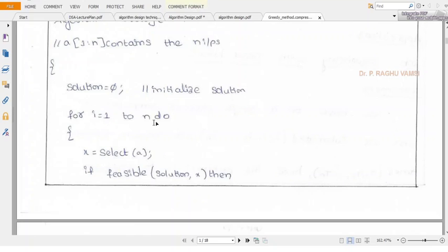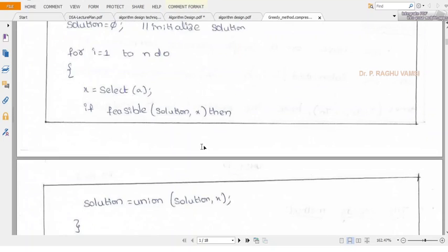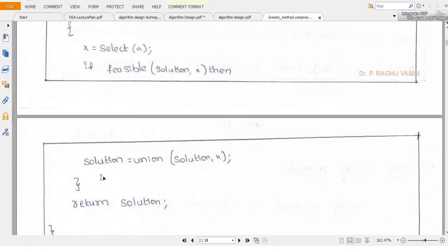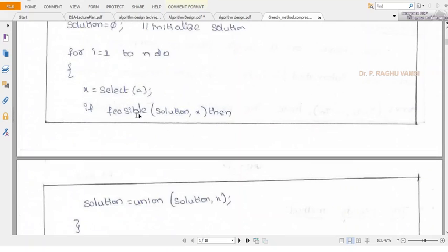For i equal to 1 to n, do x equal to select of A. You choose a particular solution or input from A. If feasible of solution, x, meaning whatever you have chosen is a feasible solution, then solution is equal to union of solution, x. Add this feasible solution to the solution that you have initialized. Like that, you are supposed to do for every input that you have.